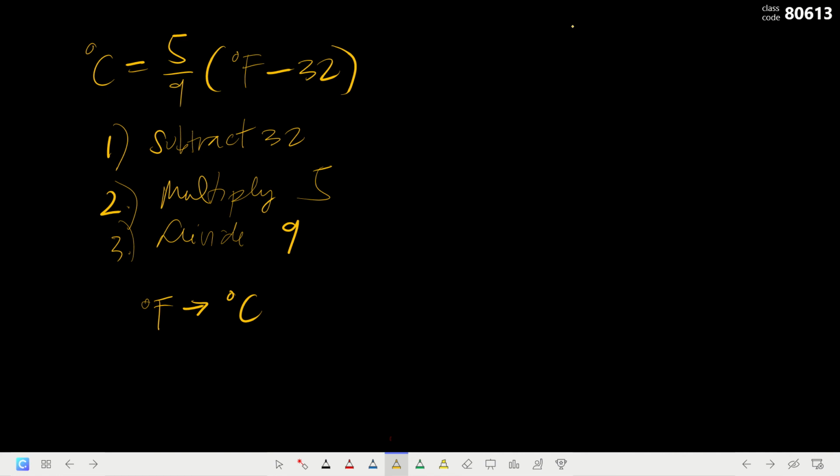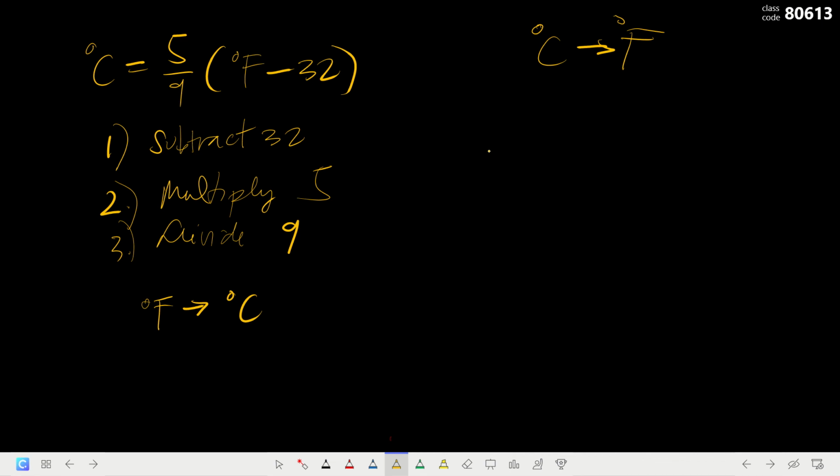So what about if we want to convert degrees Celsius back to Fahrenheit? So anong dapat natin gawin? Sabi natin first in, last out. So therefore, since last dapat ito na mangyari, ito yung uunahin natin. So step number 3, divide by 9. So ano ba ang inverse ng division?